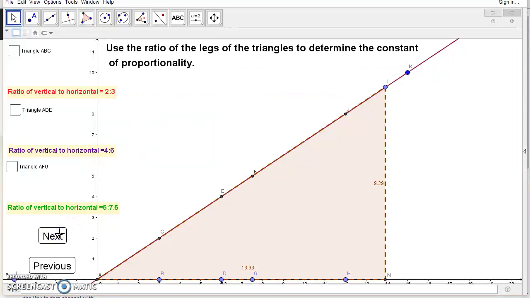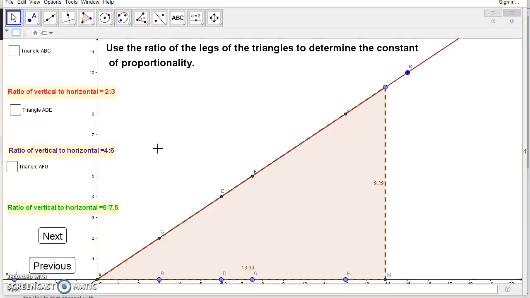All right, now I have to use the ratio of the legs of the triangles to determine the constant of proportionality, which is similar to what we just did. So we have 2/3 as my first ratio, 4/6, 5:7.5. And again, if I reduce 4/6 and 5:7.5, I would still get 2/3.